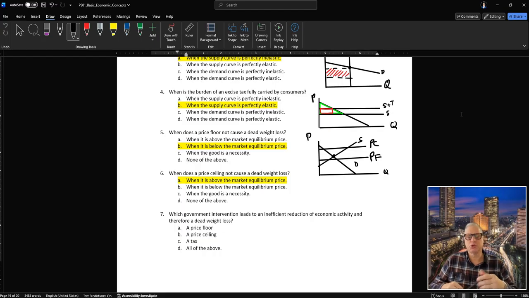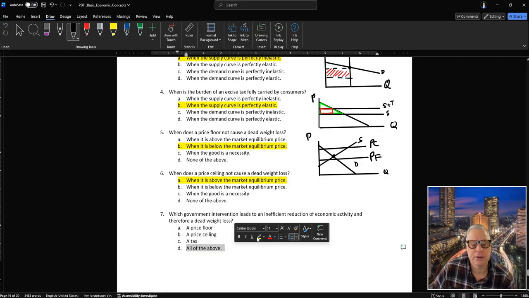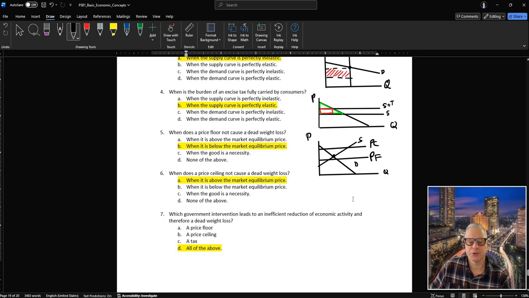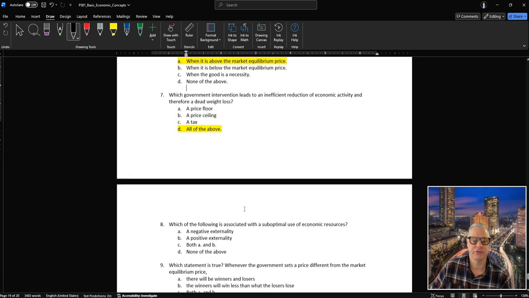Or we also produce too much of a bad thing with a negative externality. But all of these examples here reduce economic activity. So which government intervention leads to an inefficient reduction of economic activity? Well, that's all of these.